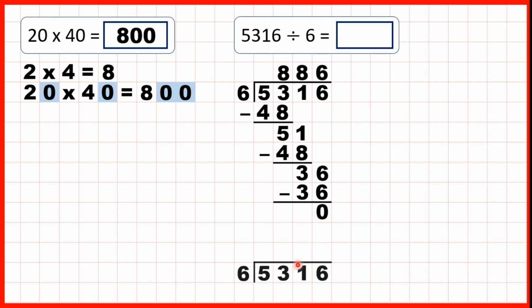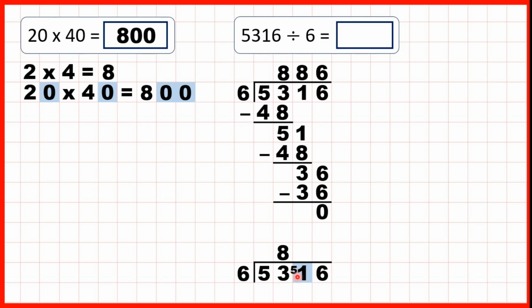We could also solve this using short division. We can't do 5 divided by 6, so again we take the first 2 digits together. 53 divided by 6 is 8, remainder 5, because 8 times 6 is 48, but then we need 5 more to get to 53.